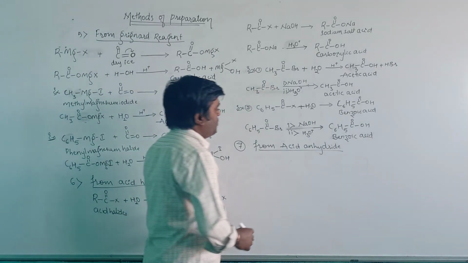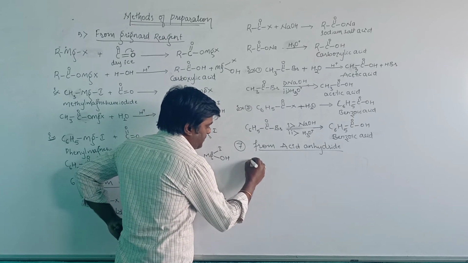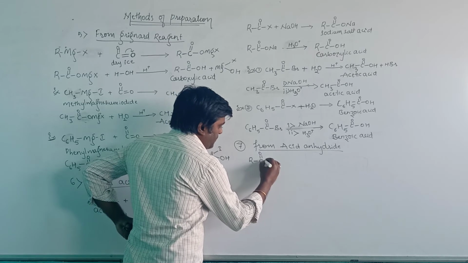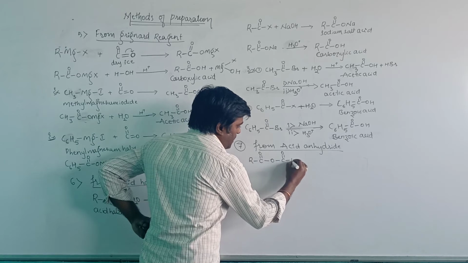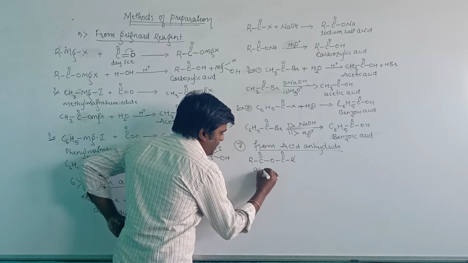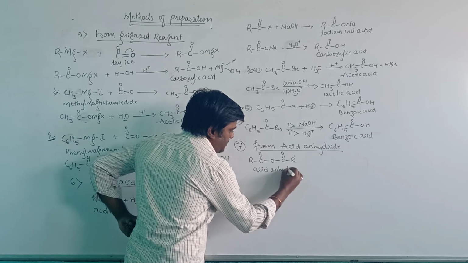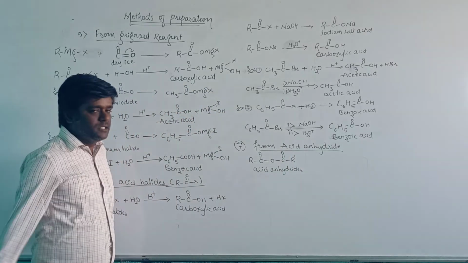Let us see how the carboxylic acids are prepared here. Acid anhydrides, that is R, C double bond O, O, C double bond O, R dash, these types of compounds are known as acid anhydrides.